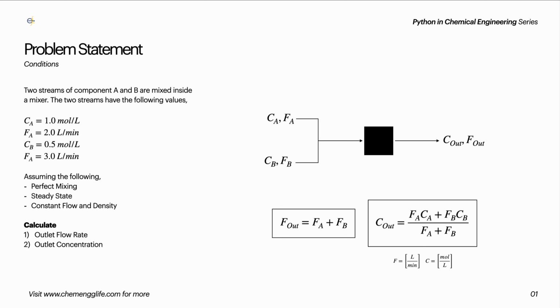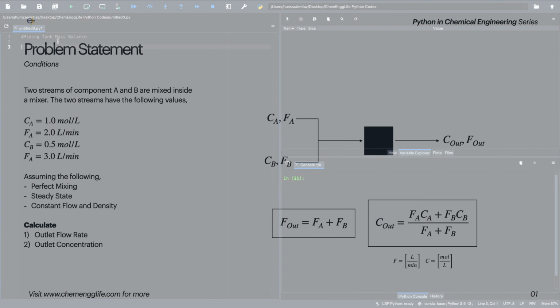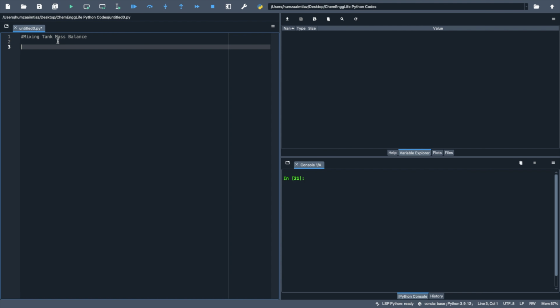For the outlet concentration, the material balance is the sum of the product of the flow rate and the concentration divided by the total flow rate of the final stream. And within Python, we are going to calculate the outlet flow rate and also the outlet concentration. So that is basically the entire problem statement, a relatively very easy problem which we are going to implement in Python. So let's begin. Now we are in the Python environment.